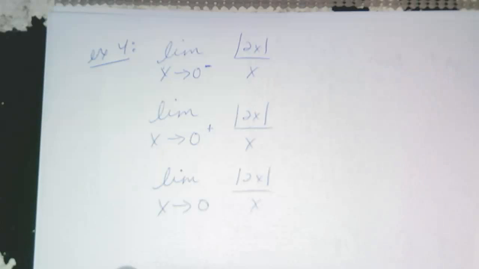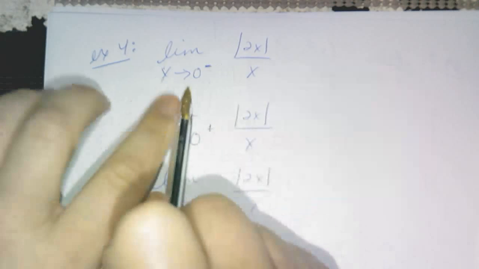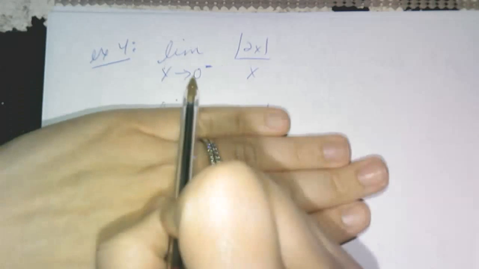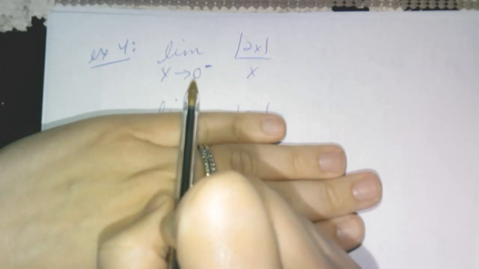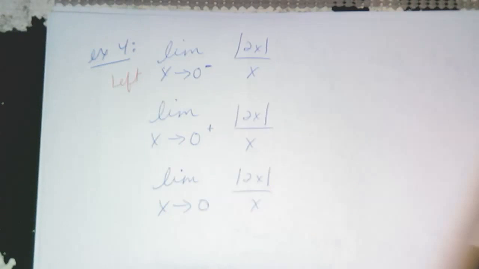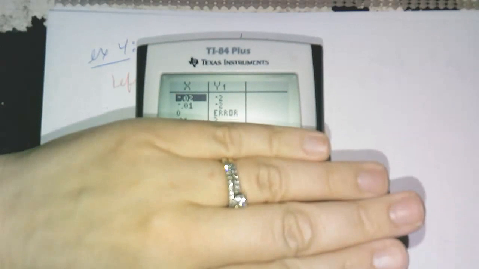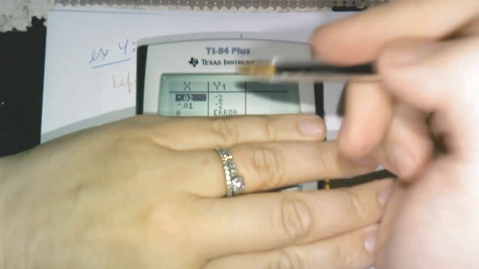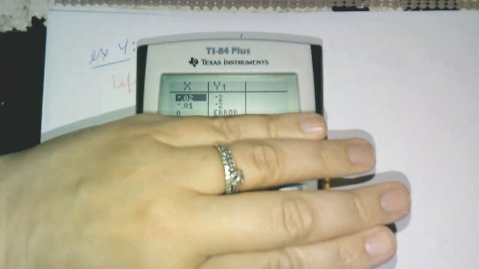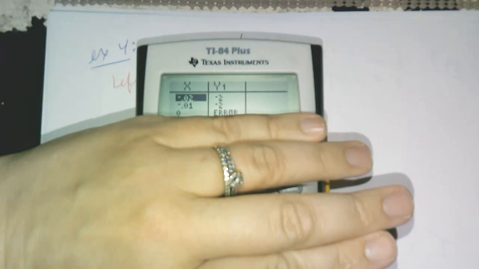Now let me explain something to you. This one right here is the limit as I approach 0 from the left. Meaning on your table, you're only concerning yourself with this part. That is what's called the left. Coming from the left of 0 would be coming from a negative direction, agreed?